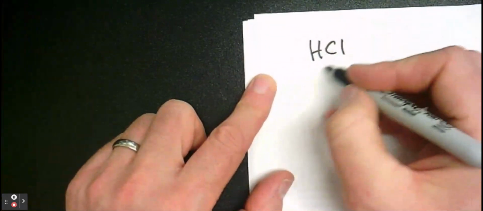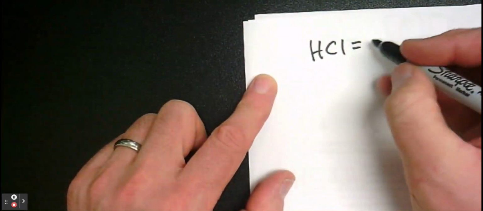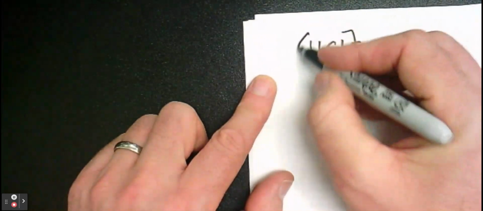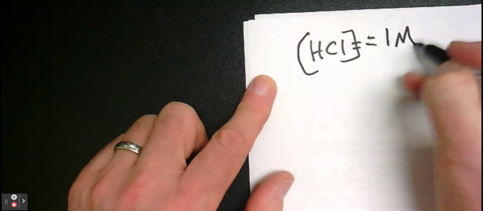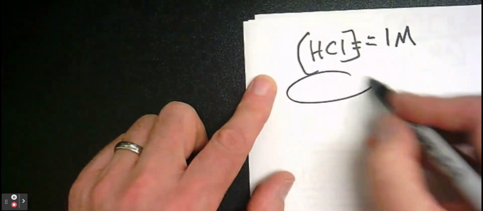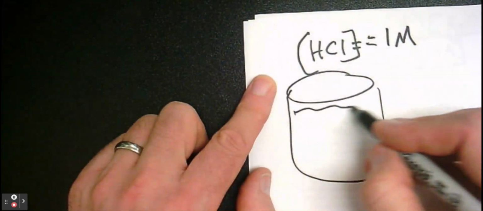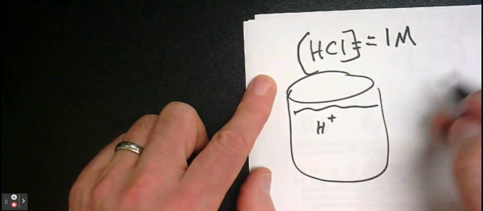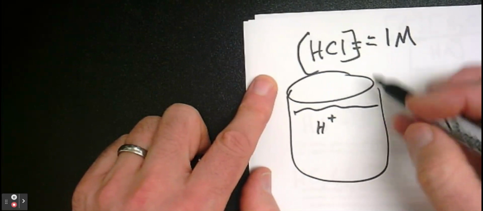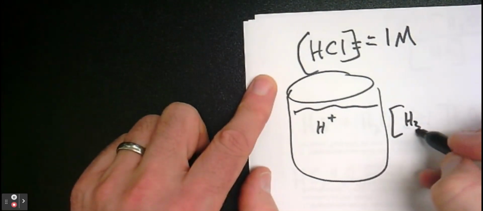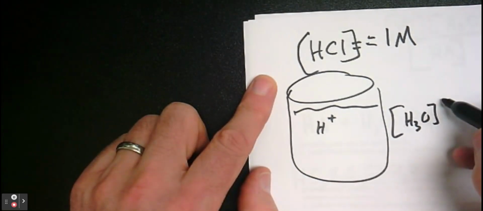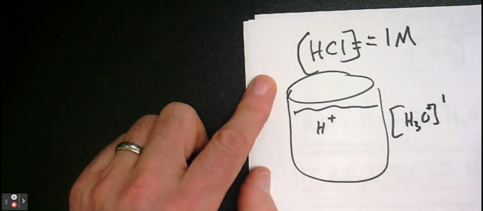HCl: if it's 1 molar, when I dissolve it, the concentration of the hydronium is 1.